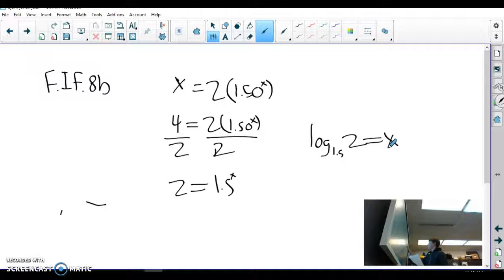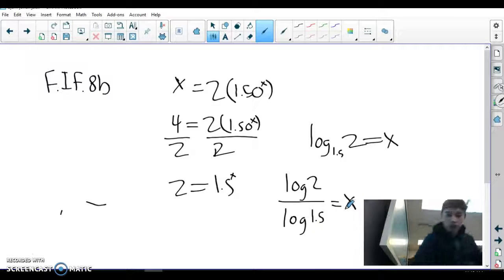Since you can't divide this either, you're gonna do log of 2 divided by log of 1.5 equals x. And then I'm gonna get the calculator.